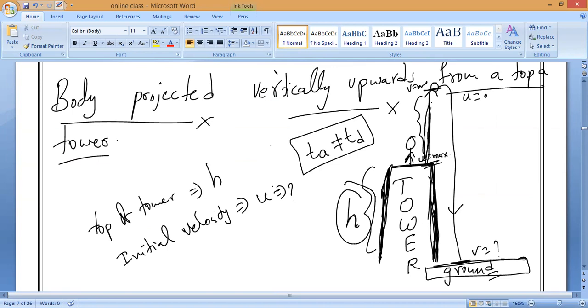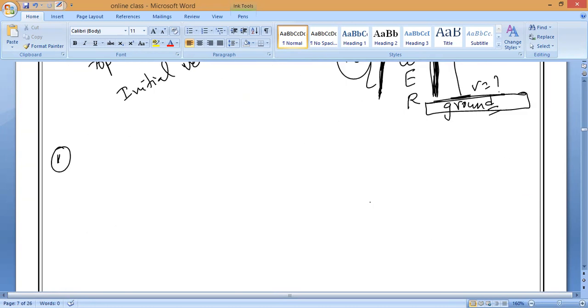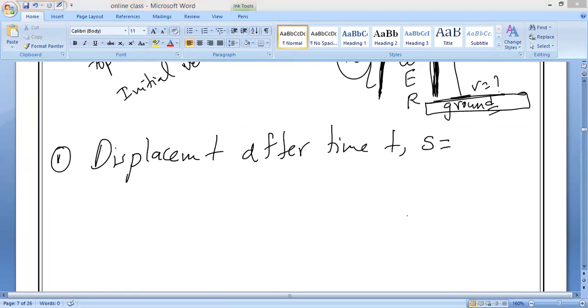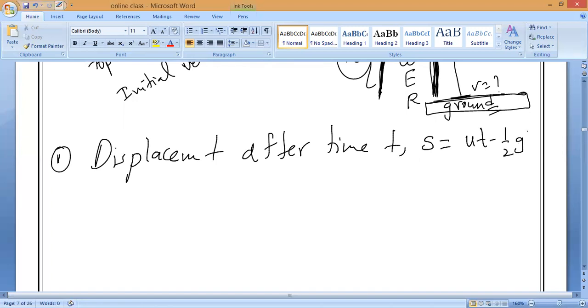Please write displacement after time t. After time t, S is equal to ut minus half gt square. What is the formula? ut minus half gt square.